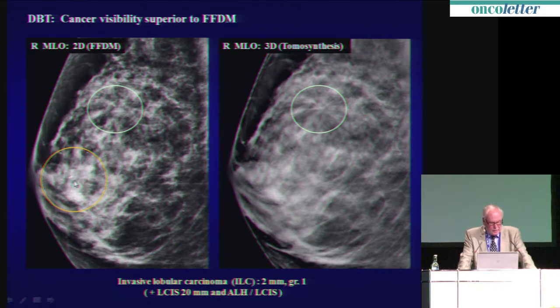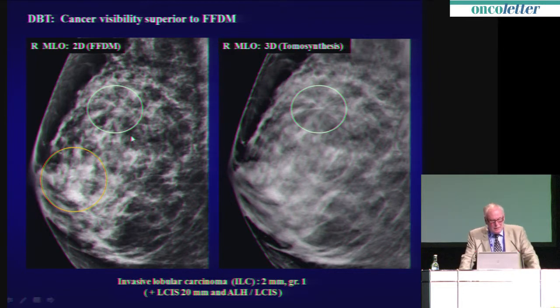The microcalcifications benign, and after she had left the department, we looked at her tomosynthesis, and you clearly see a spiculated mass in this area. Even in retrospect, when you know there should be a spiculated mass in this breast, it is impossible to identify the lesion on conventional 2D.